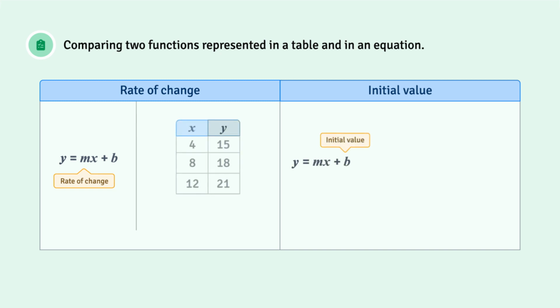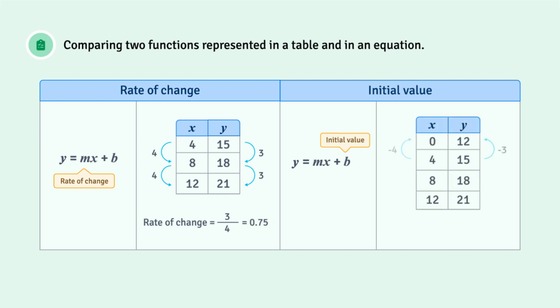If the function is represented by a table, the rate of change is the ratio of the change in y over the change in x. In the given table, the rate of change is 3/4 or 0.75. To find the initial value, reverse the pattern to obtain the input 0. The corresponding output y is the initial value. In this table, the initial value is 12.